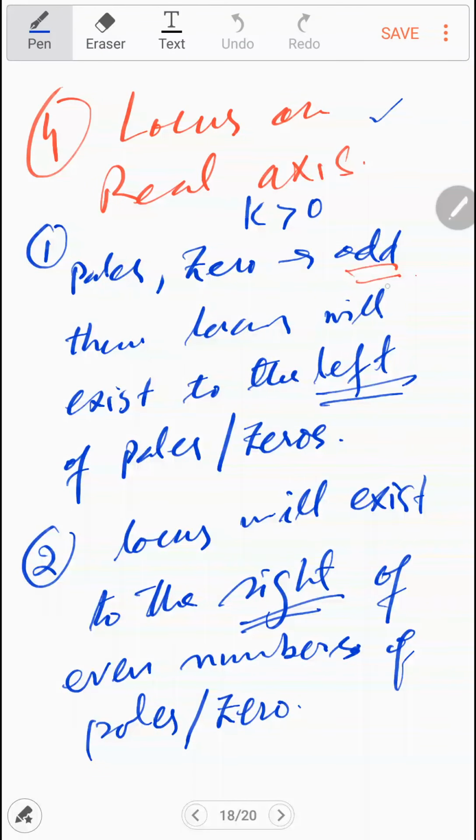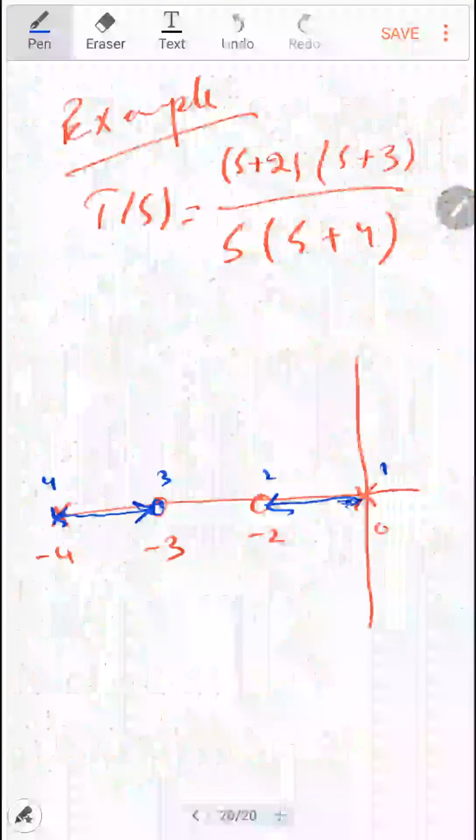Then we will say that if we have the odd number of poles, the locus will be at the right of the odd number of poles. And similarly, the locus will be to the left of the even number of the poles for k less than 0. So we can also write this one for k less than 0.